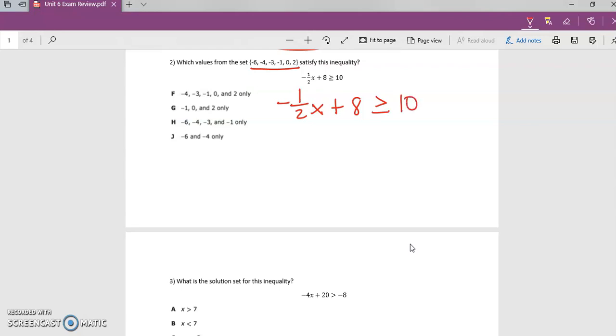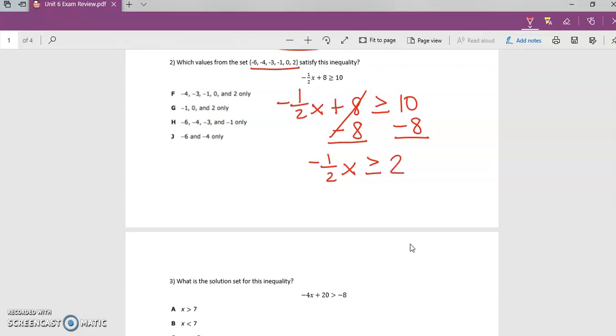So let's solve it first, and then we can see which ones actually work. I have to get rid of my constant, the one that I'm adding or subtracting. So let's move this to the other side by subtracting. We're just doing the opposite, so these can cancel. Now we have negative 1/2 x greater than or equal to 10 minus 8, which is just 2.